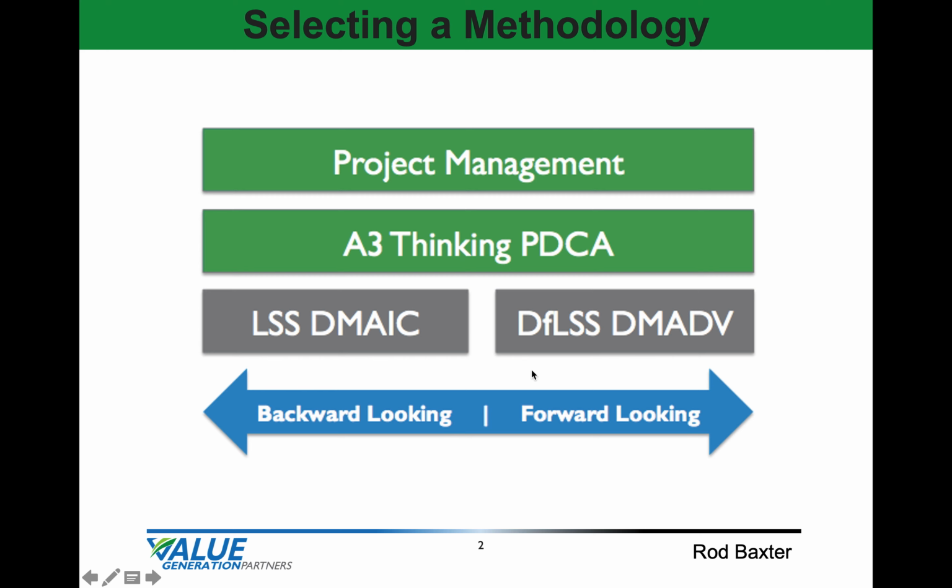We are going to design a new product or service or process that is defect-free. A3 thinking, PDCA, Plan, Do, Check, Act, can be used for either backward or forward looking, as well as just implementing solutions. PDCA is a very versatile methodology. And the umbrella to this is using project management rigor and discipline, regardless of which of these 3 you use.